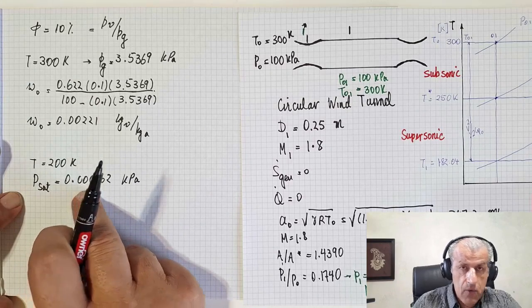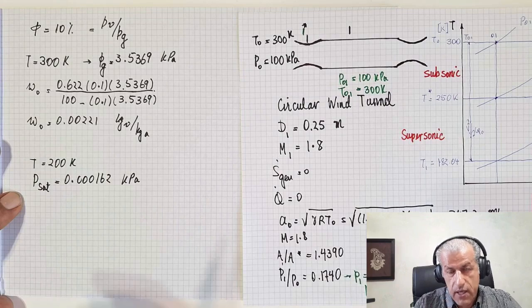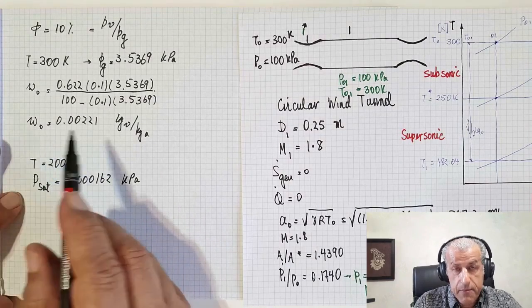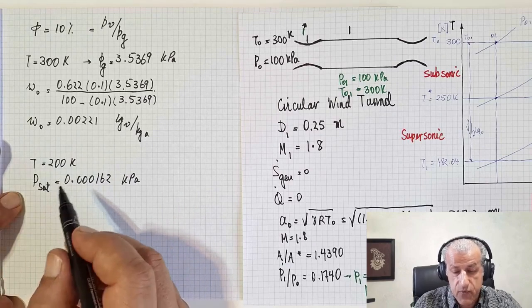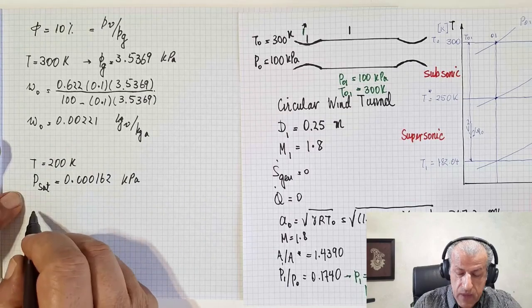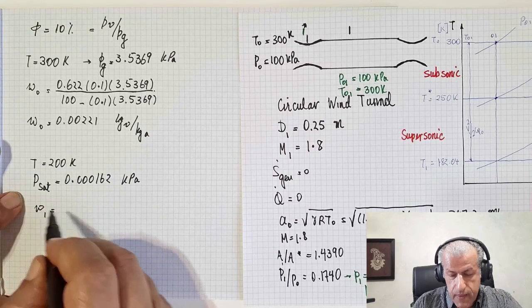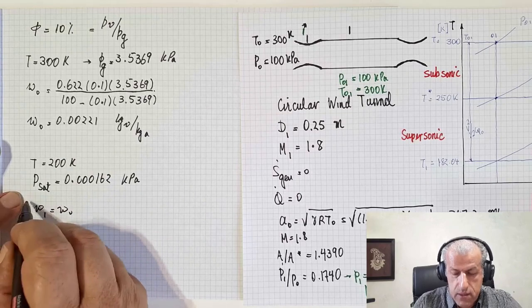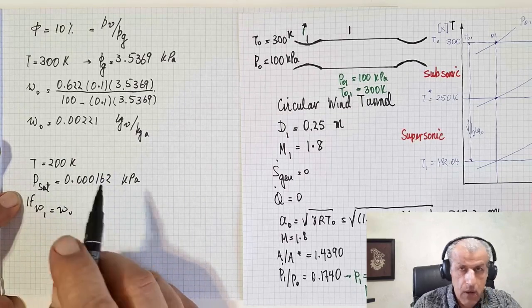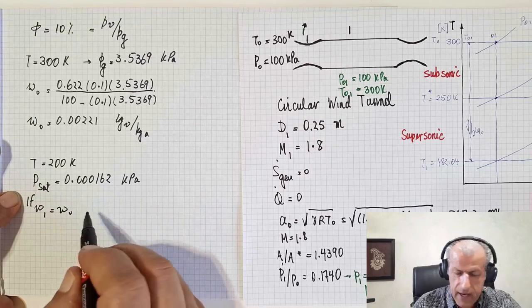Okay, now at this condition, what would our humidity be? You see, W would remain the same for 0 or 1. If W1 equals W0, I say if W1 equals W0, what sort of humidity would we have?